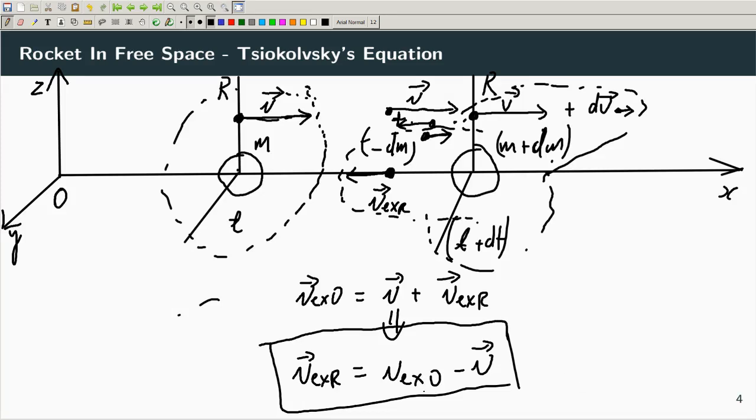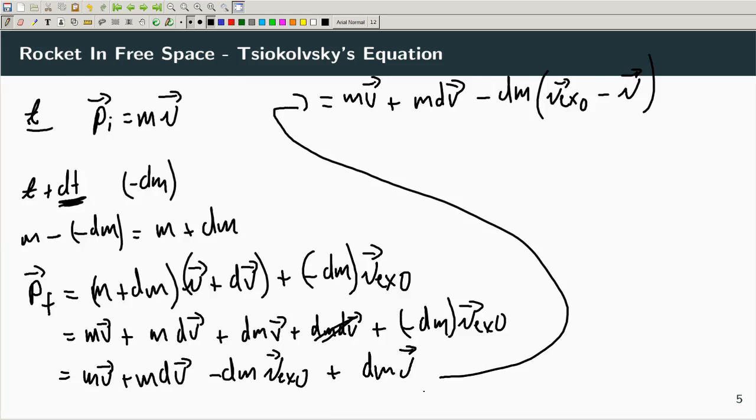So we can write in there, like so. From now on I shall just denote the exhaust velocity with reference to the rocket as Vex, save writing an extra letter.